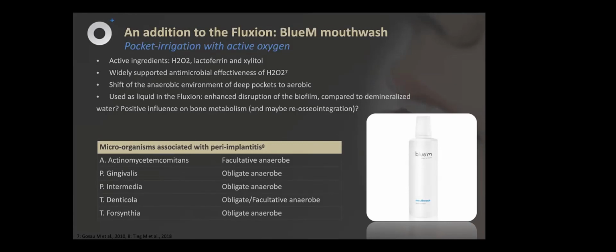I don't have to add anything about Blu-M because Irfan already talked about the substances of the Blu-M mouthwash and oral gel. It can be used as a liquid in the fluxion, and it can give us an enhanced disruption of the biofilm compared to demineralized water. That was something we wanted to research.